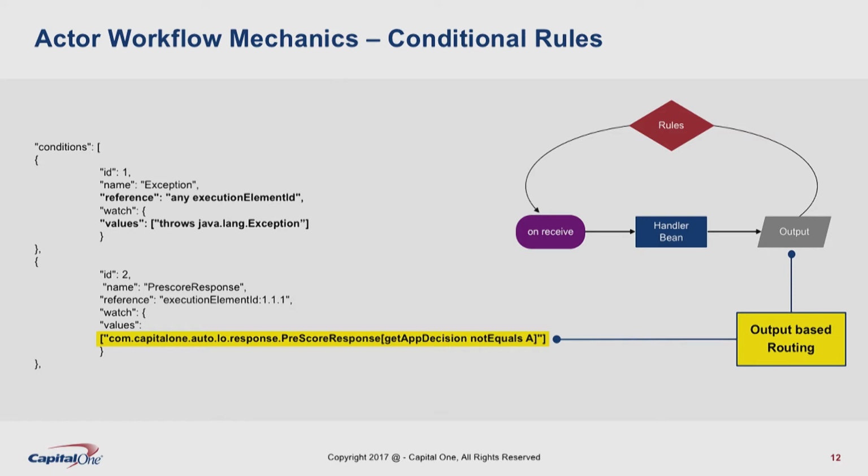So there's a conditional section in the DSL that looks at the class of the return message to detect errors or just simple matching logic. This example is from the pre-scoring step where we have an A for approved, and if we're not A, we want to do something else. We don't want to go out and pull your credit if you're 17 years old. We won't get much on you.